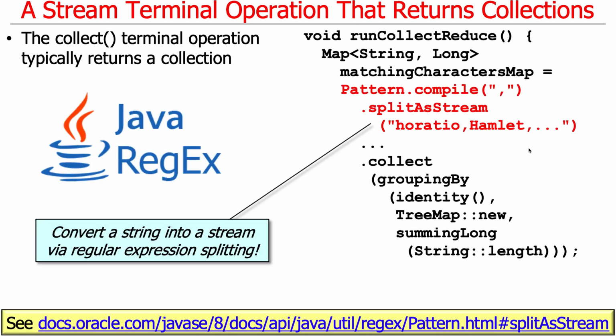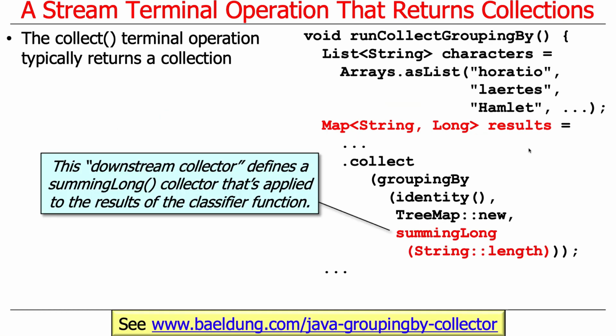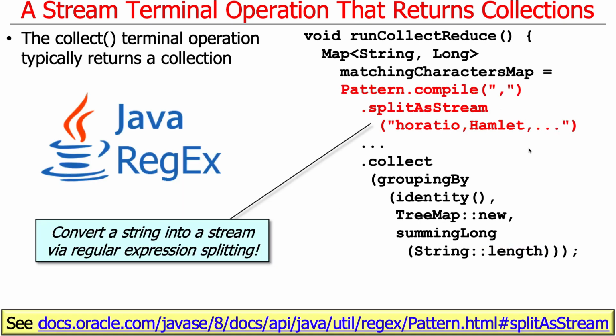Here's yet another example of another way to partition the input. In this particular case, rather than providing the input as an array list, which is what we do here, we're going to just have a single string, which is going to have all the names of the characters in Hamlet separated by commas. And then we're going to use the regular expression compile method, which is going to take this string and split it using this as the splitter.